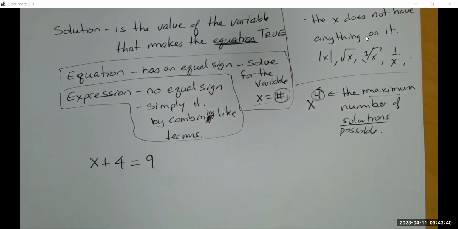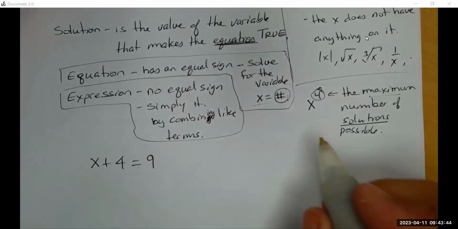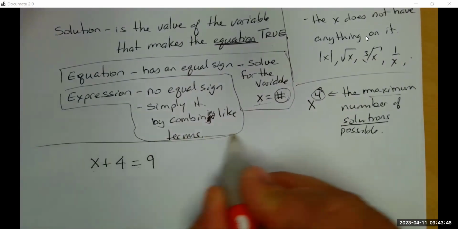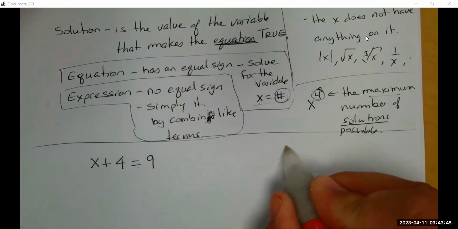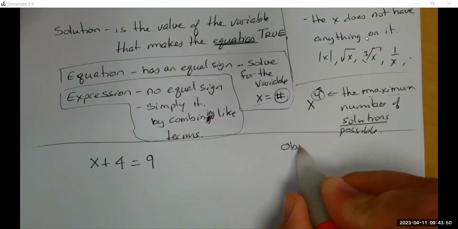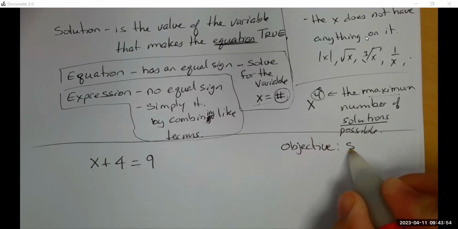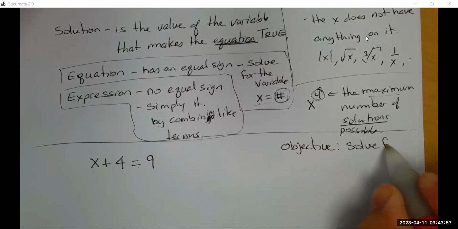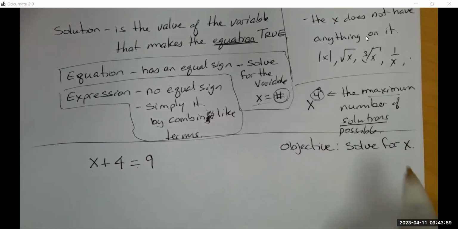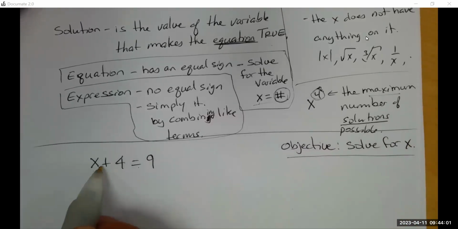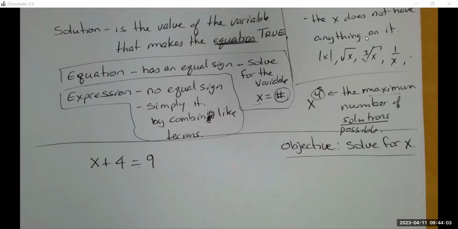So therefore it's an equation. So the objective here is solve for x. That's your objective. Whenever you see a variable and an equal sign, that's your objective.